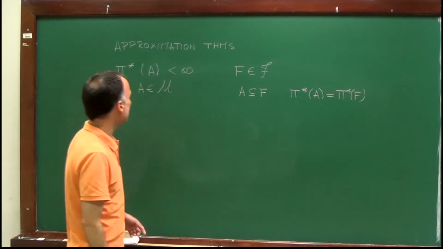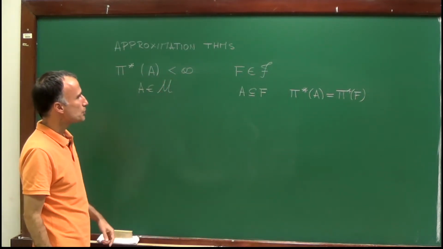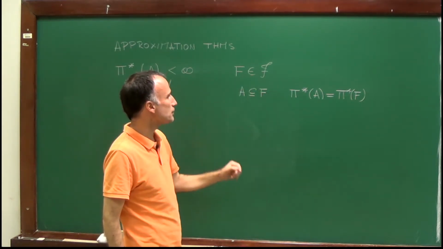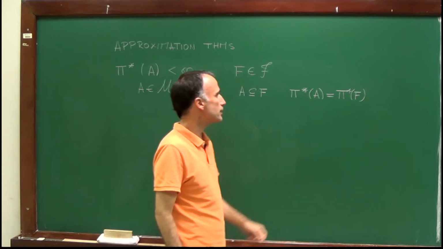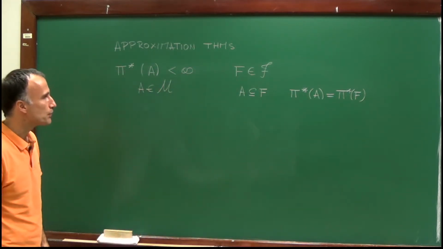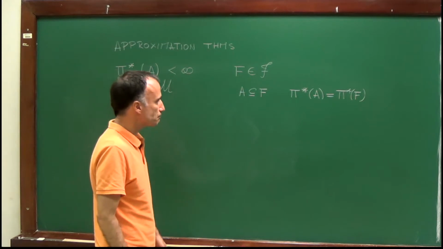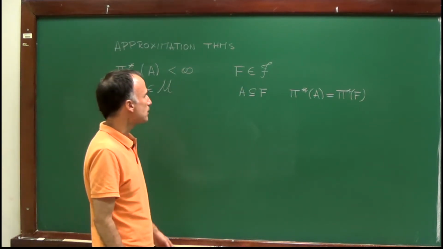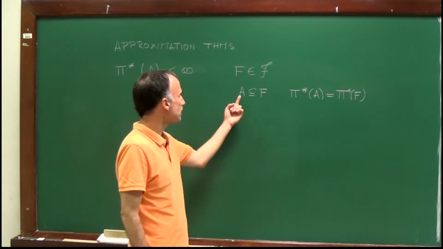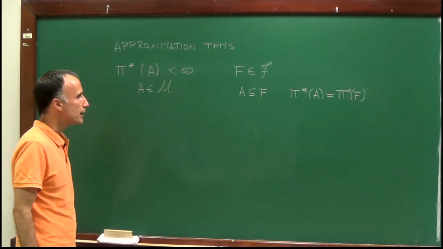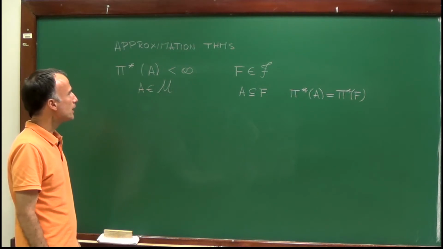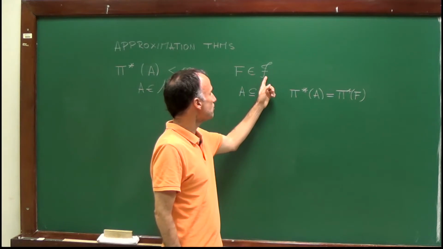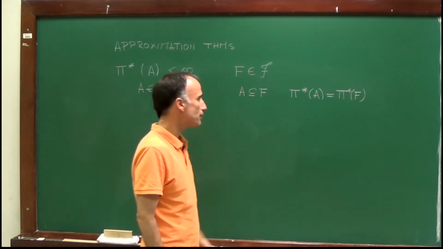So this shows that any set which is measurable can be approximated from above by an element of the sigma algebra whose measure is equal to the one of A. Well, today our first result will assert that it's possible to approximate a set A with finite measure not by elements of the sigma algebra, but by elements of the algebra.